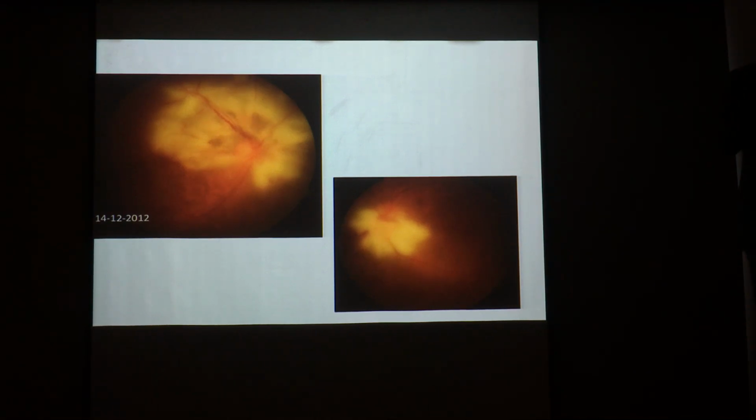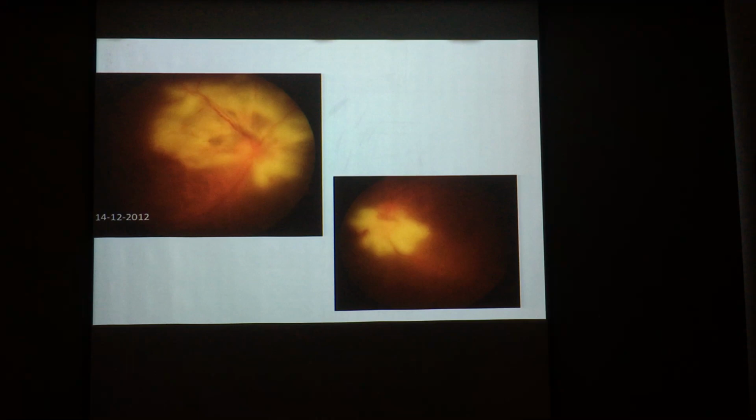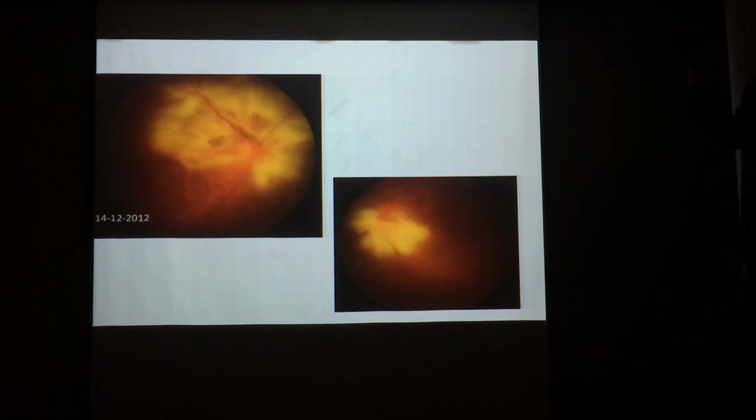You have to have optic disc edema. You have to have those exudates which extend right up to the foveal center. Okay, that's what we call neuroretinitis. All right. So we don't know. We are seeing retinitis.